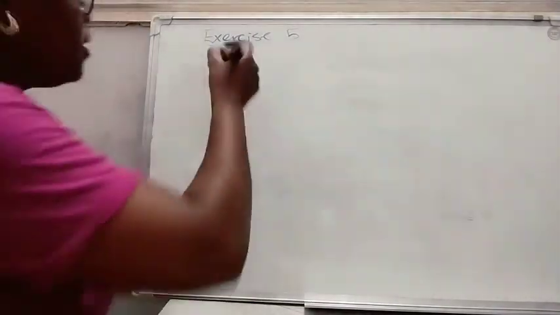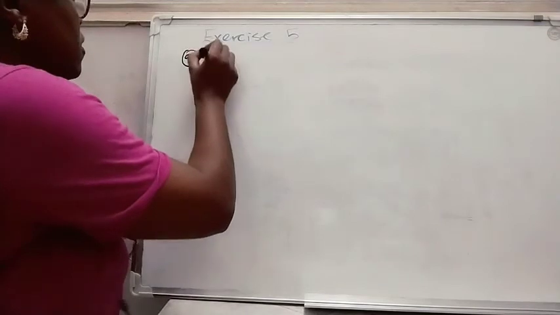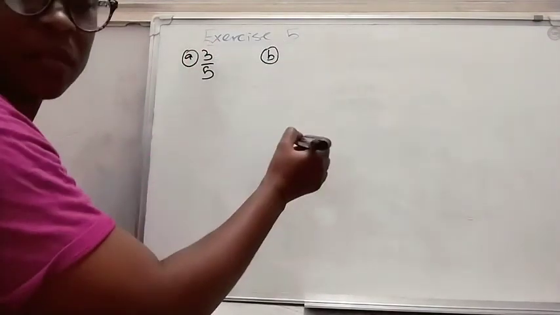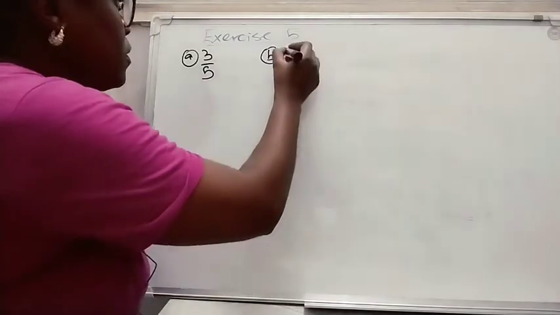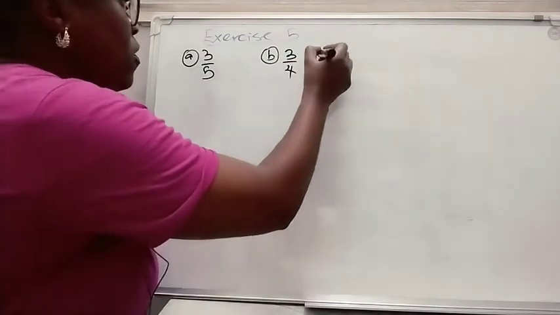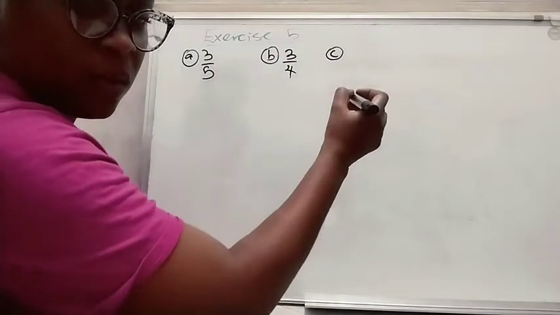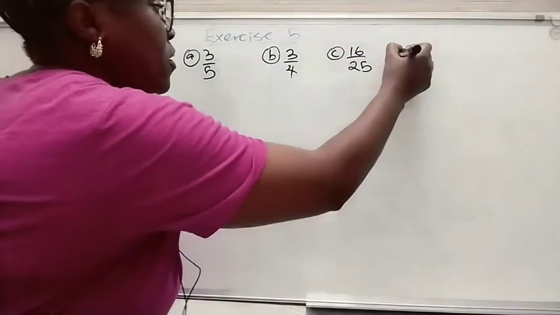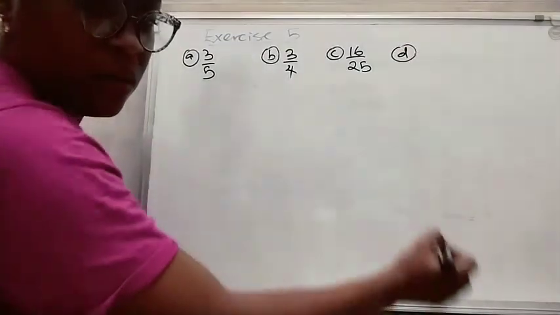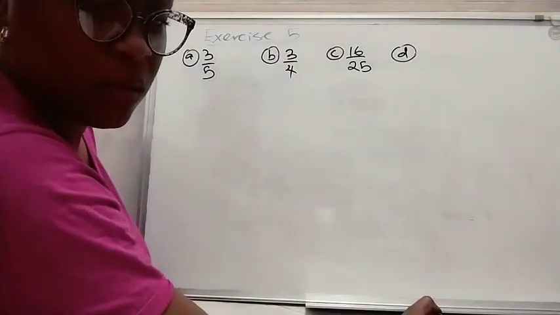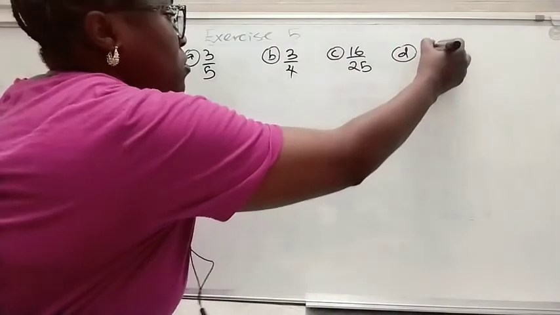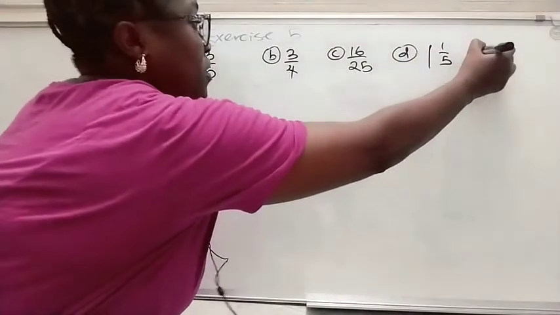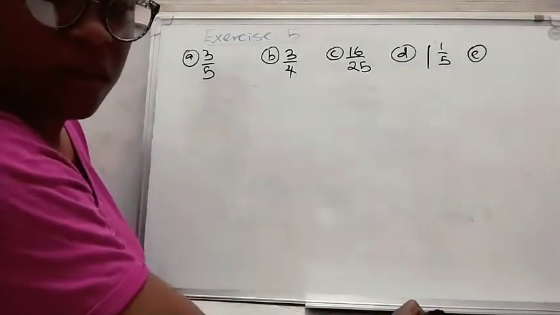We have A, 3 over 5. We have B, 3 over 4. We have C, 16 over 25. We have D, 1 whole number 1 over 5, and we have E.